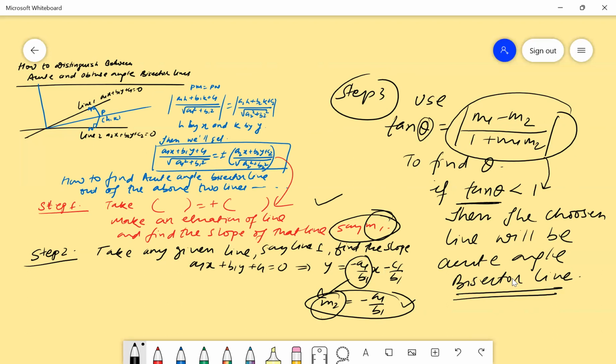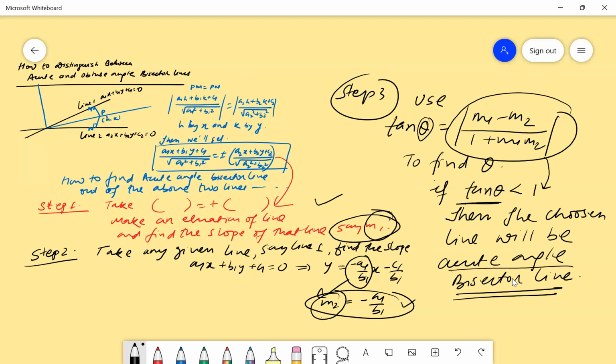Now why are we calculating double of that angle? Because if the angle between the bisector line and line 1 is theta, then the angle between line 1 and line 2, for that particular diagram where we are taking the plus sign bisector line, is 2 theta. So that plus sign bisector line's equation is the bisector of angle 2 theta. Now if theta is less than 45, then 2 theta is less than 90.